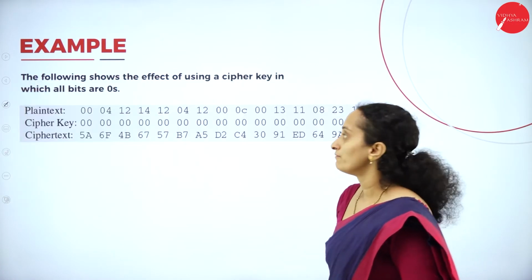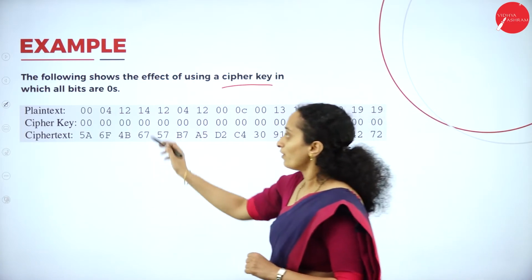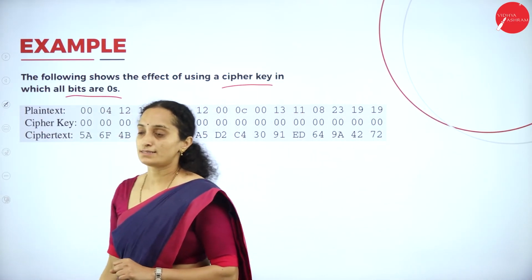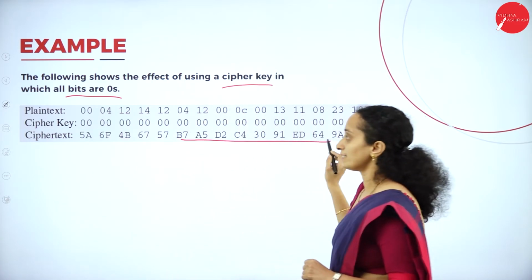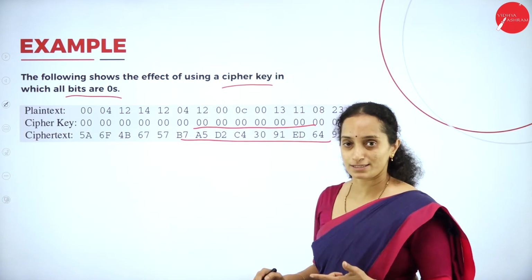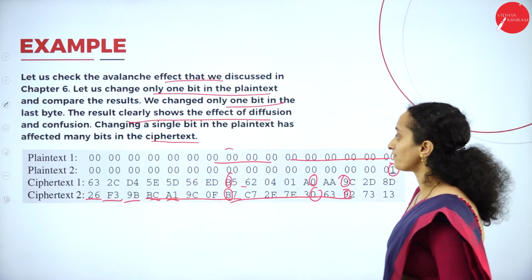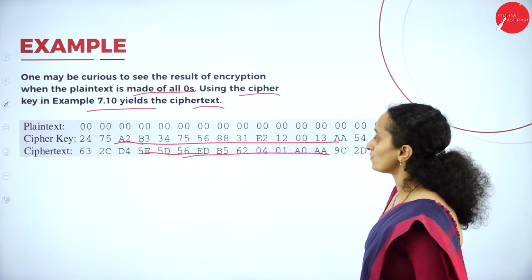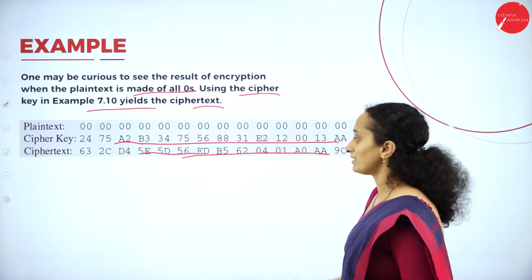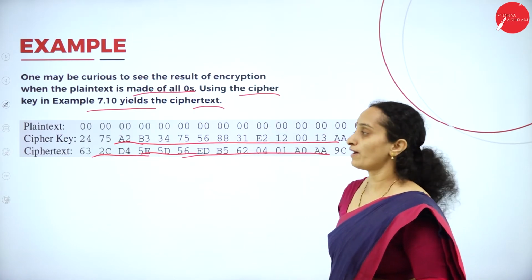Okay, here we have the effect of using a cipher key for which all bits are zeros. So we have this set when the cipher key is 0 and the plain text is non-zero. What is the difference when you have all zeros? We get ciphertext like this: 632C D45E.